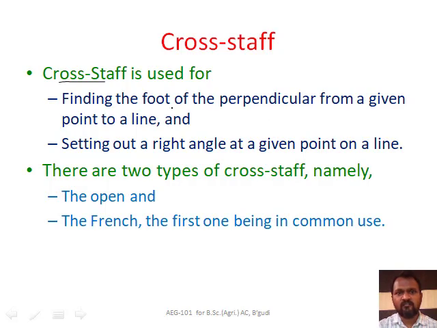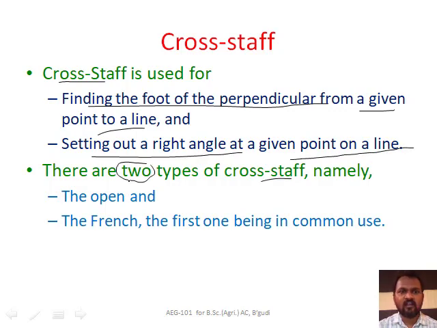It is used to find the foot of the perpendicular from a given point to a line, and for setting out a right angle at a given point on a line. There are two types of crosstops, namely open and French, but the open crosstop is used very commonly.